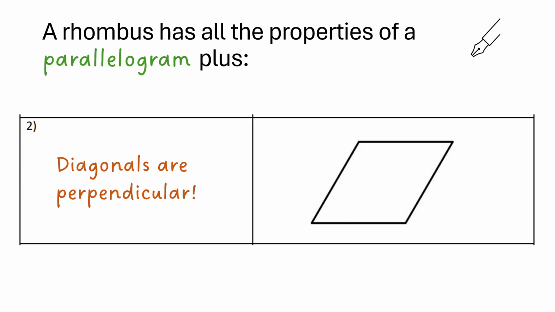So if I mark those diagonals, I would say this diagonal and this diagonal make right angles where they intersect. So that's an important property of a rhombus, which you may remember from when we were studying kites.